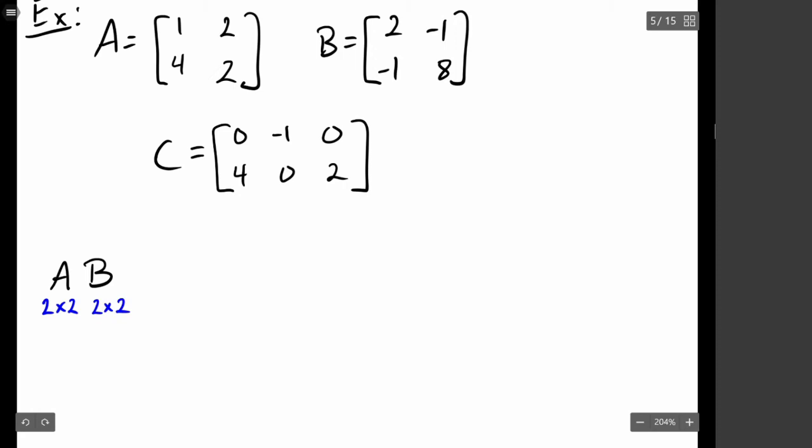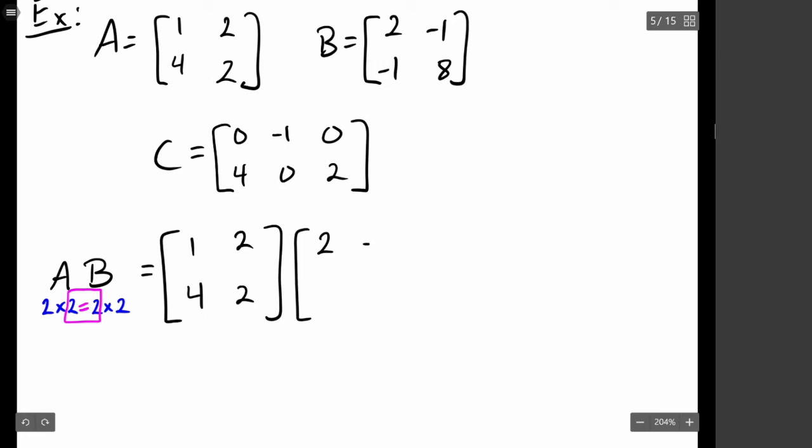If you write it out this way, if you look at these two numbers here, in order for the two matrices to be able to be multiplied, these have to be equal. And in fact, they are here, so we can go on. So A is the matrix 1, 4, 2, 2. B is 2, minus 1.